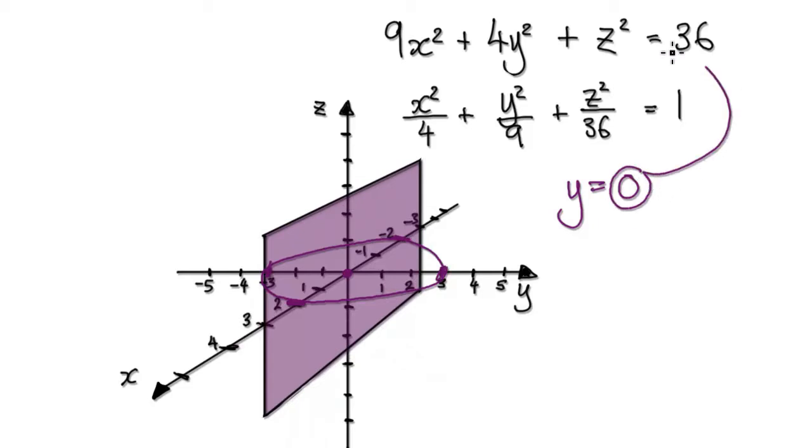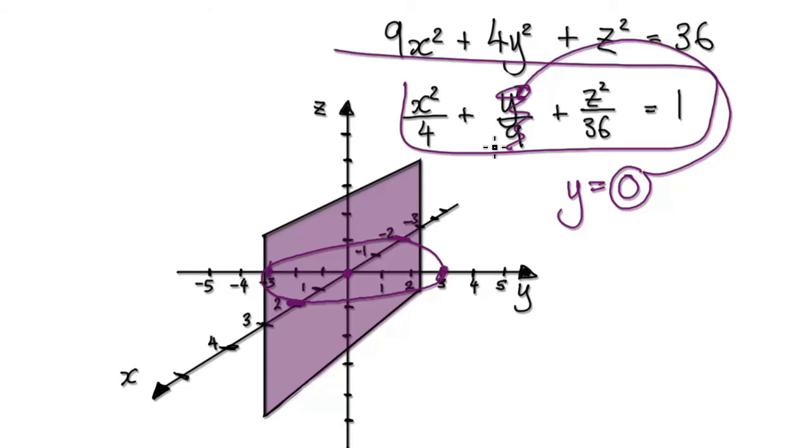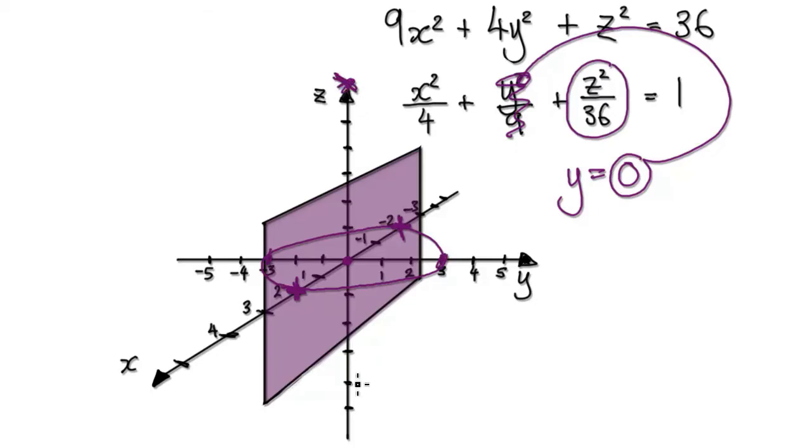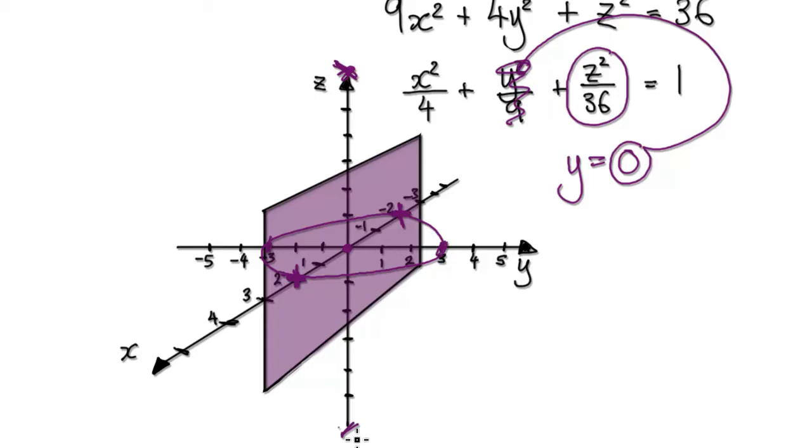You put this into here and this will disappear. So in the x direction it will be 2, so it's got to cross here at 2 and -2, and then z, the height, would be 6. So it would be somewhere here, crossing at 6 and -6.